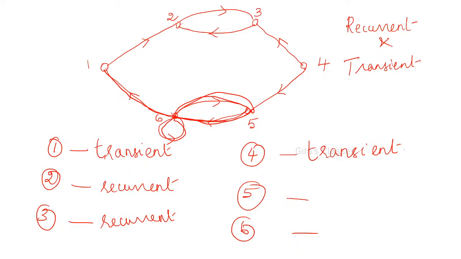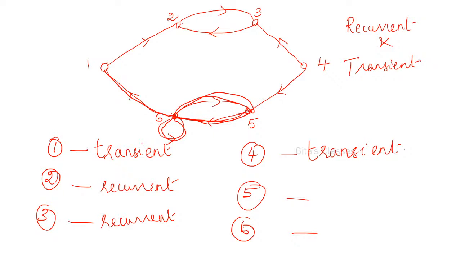In this case, when it comes out of 6, can you come back to 5? 5 will go to 6 and 1. If it comes to 1, from 1 can you come back to 5? Is there any possibility?